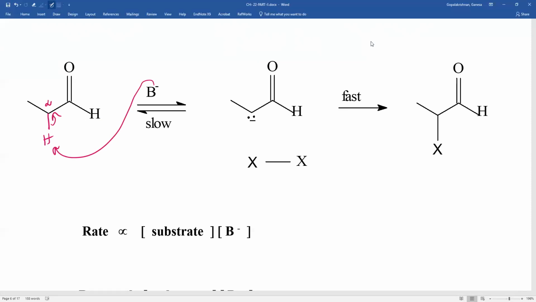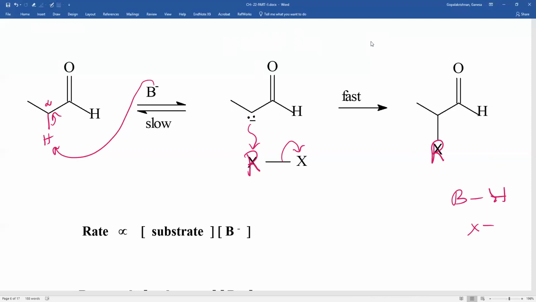Instead of reacting with a halogen, you react with an alkyl halide. Then this is going to happen. This will be an R group. Again, B goes as BH, and the halogen goes as X minus. Same equation.